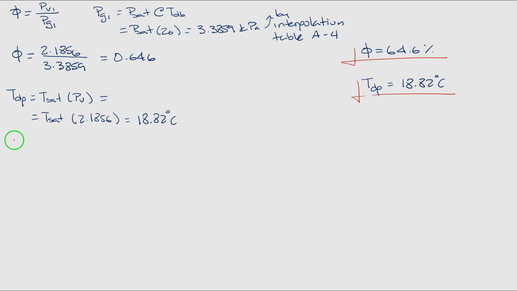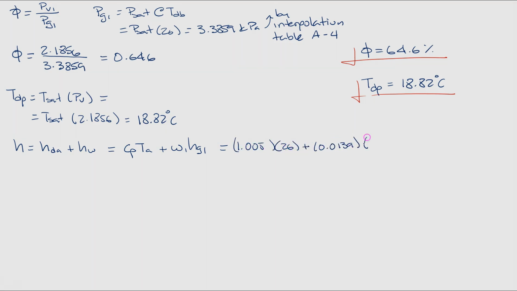For the enthalpy, we recall that we have two components, the enthalpy of dry air and the enthalpy of water. So this will be, we have all the data, so we can substitute. And if we solve it by parts, this value will be 26.13 kilojoules per kilogram.